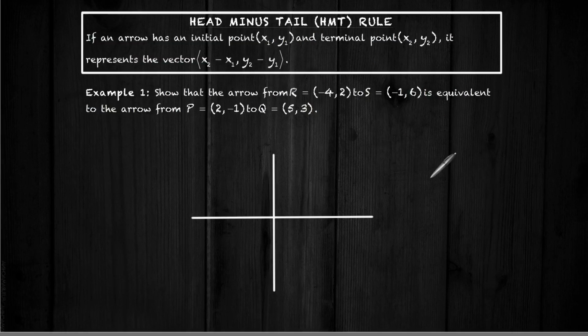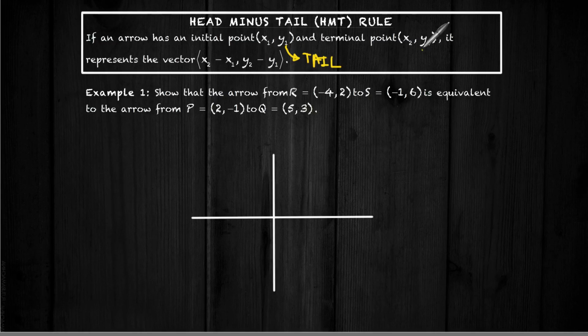Okay, the head minus tail rule basically is a rule that enables us to determine whether two arrows are the same vector. And so it says that if you have an arrow that has an initial point of (x1, y1), we'll call that the tail. And that is essentially where the arrow starts.